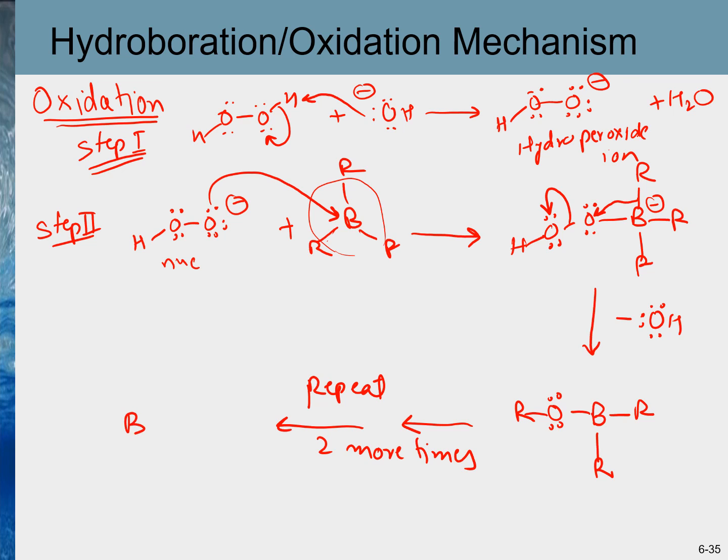In trialkoxyborane, all alkyl groups are connected to oxygens, and oxygens are connected to borane. So this is a species, and it's called trialkoxyborane.